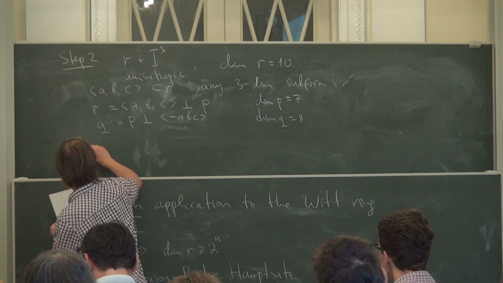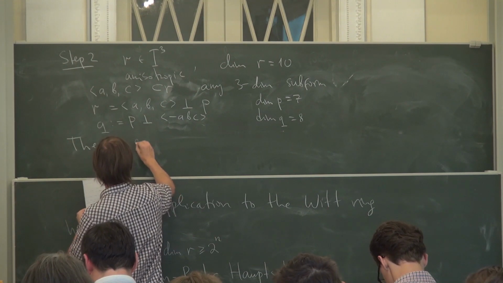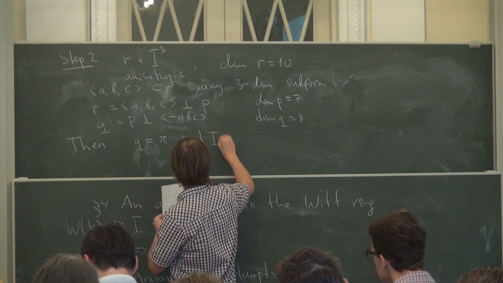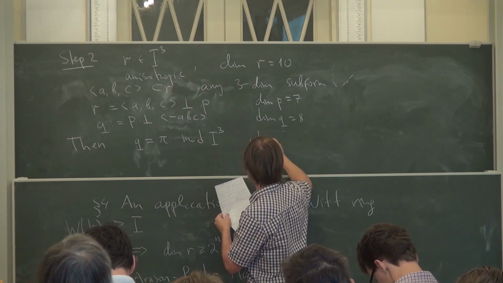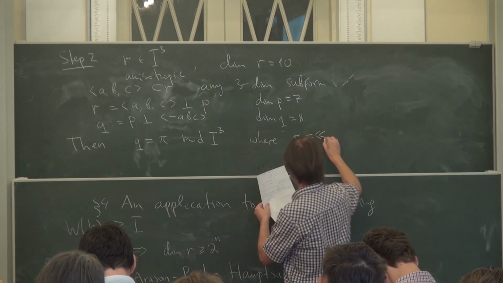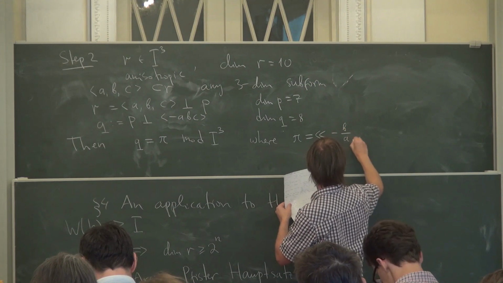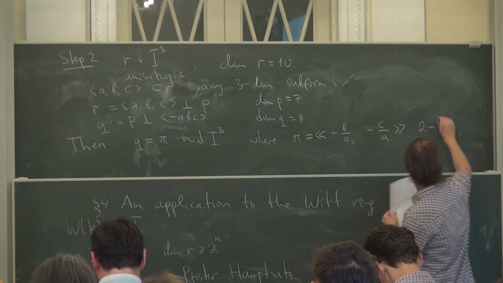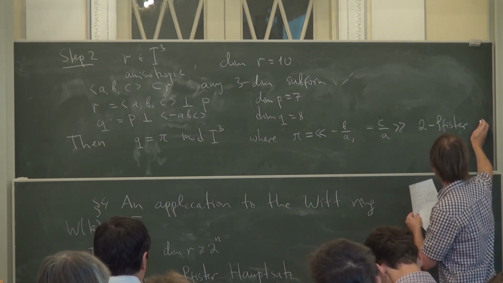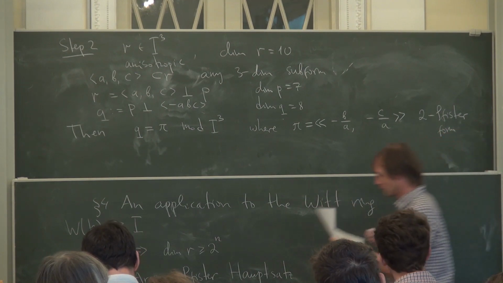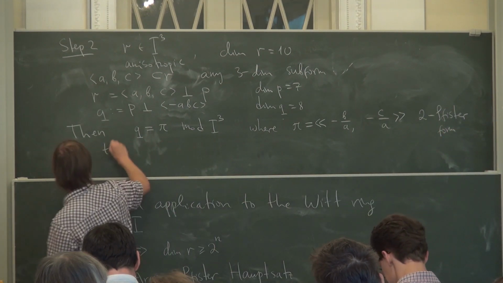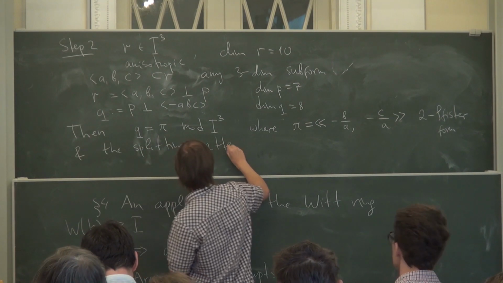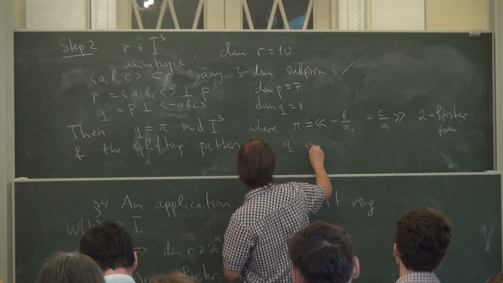So then, first of all, Q equals pi modulo I cube, where pi is a 2-fold Pfister form, minus b divided by a, minus c divided by a. So it's 4-dimensional. And the splitting pattern is 2, 2.